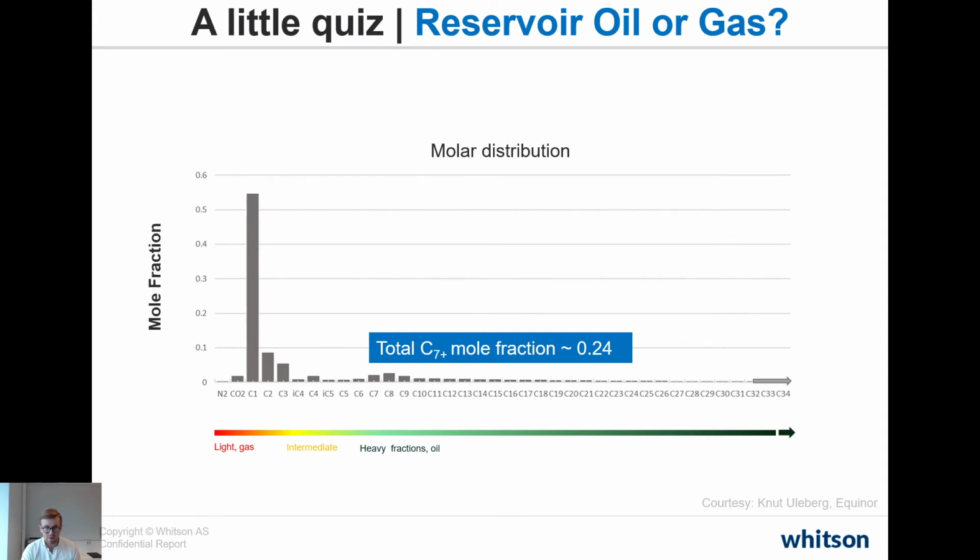It's also given that the heavier components, the C7 plus mole fraction, is around 24% or 0.24 in terms of fractions. So take a short break now and do some thinking. Be honest with yourself. What do we think?